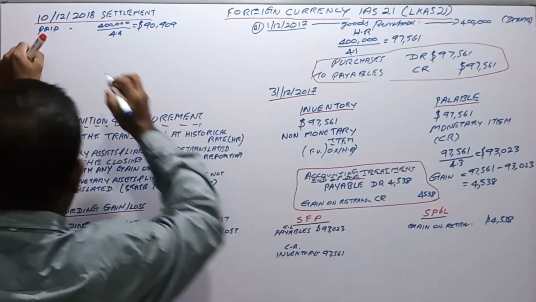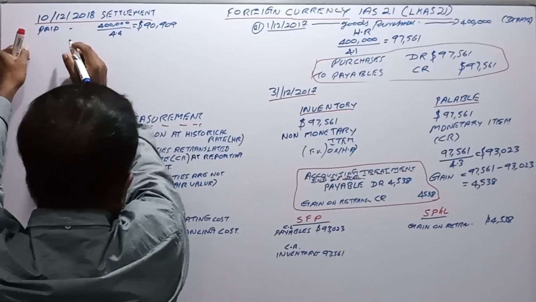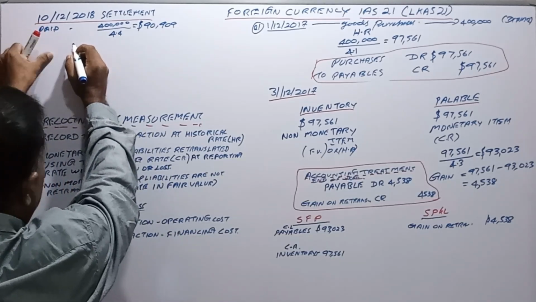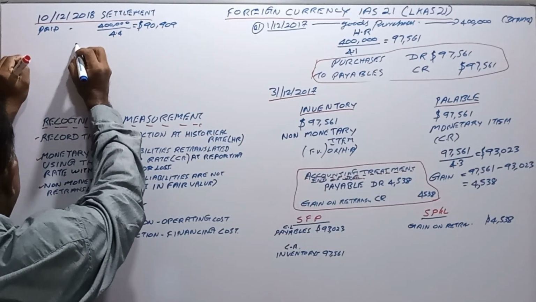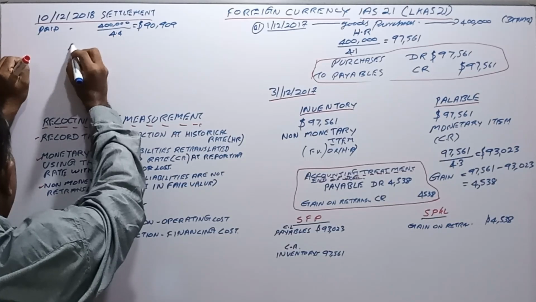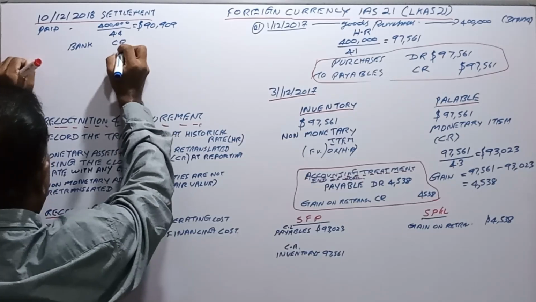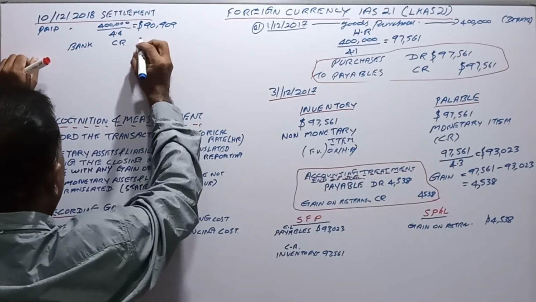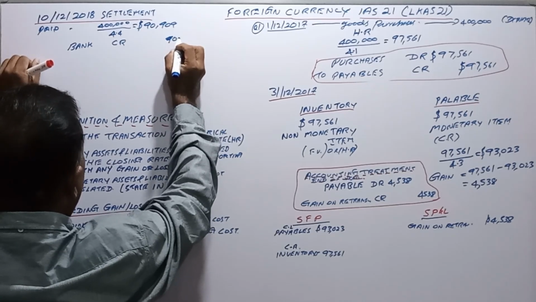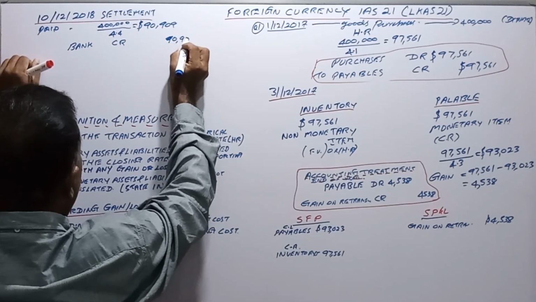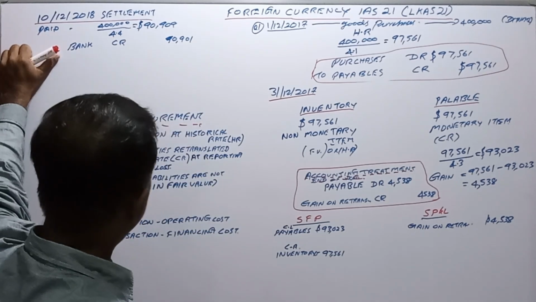So cash at bank, first of all we will say cash at bank credit. Okay, bank account credited, right? 90,909 bank account.